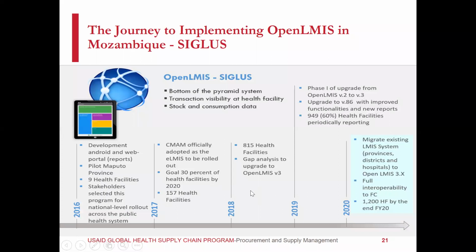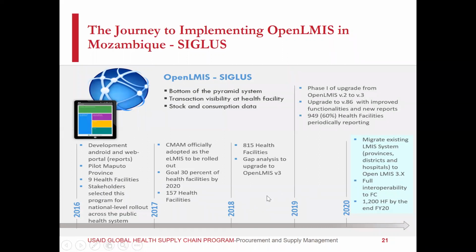So to minimize the impact of using a manual system, it was decided to use OpenLMIS for the bottom of the pyramid system, transaction visibility at health facility, stock and consumption data. So we started in 2016 the development of a mobile solution and the customization of OpenLMIS to the web portal.